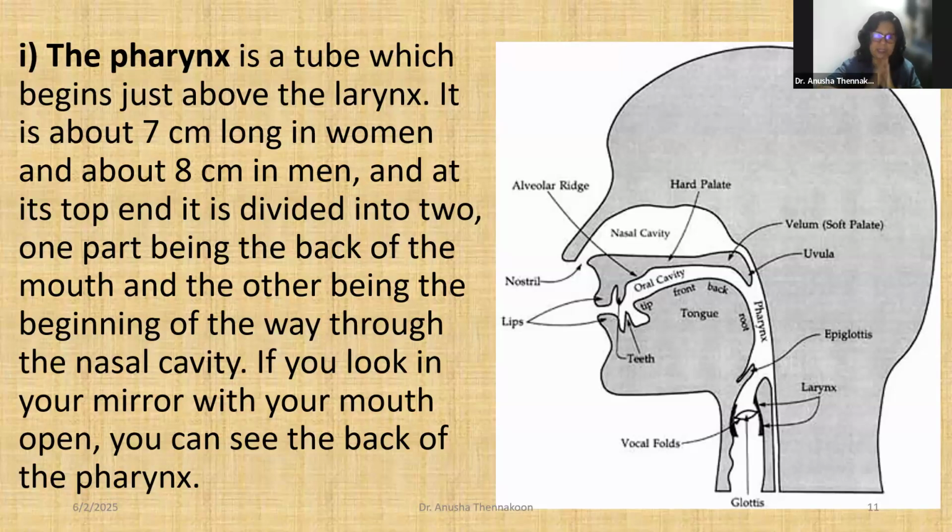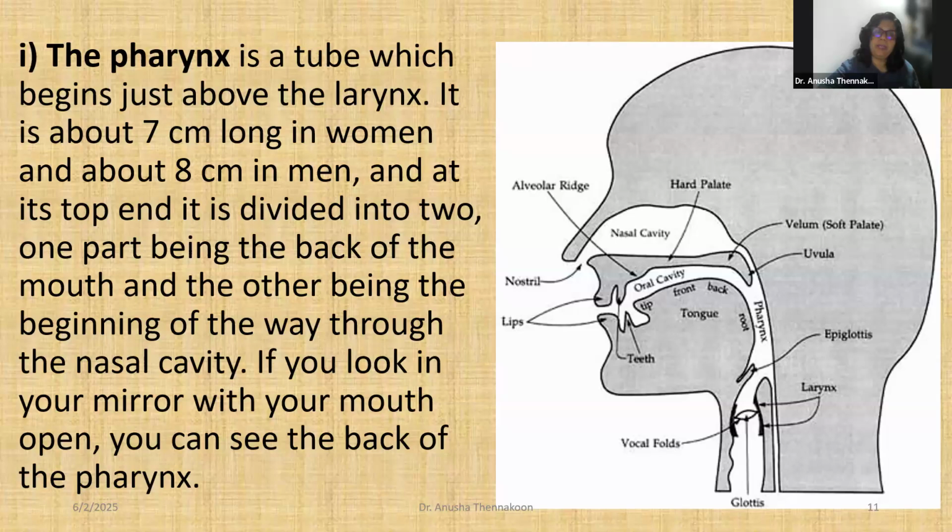So the pharynx is divided into two. One is coming out of the mouth, that is the oral cavity. The other is coming out of the nose, that is the nasal cavity. So you can say the oral cavity and nasal cavity start at the end of the pharynx.